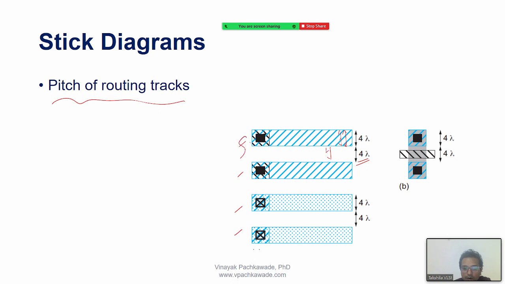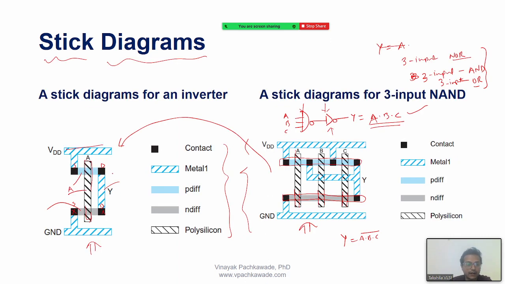That's the one rule. That is called the pitch concept, because these layers and these rectangles I am going to use as routing tracks, just like I have used this. These are all routing tracks, the way I am connecting them, the way I am placing them.